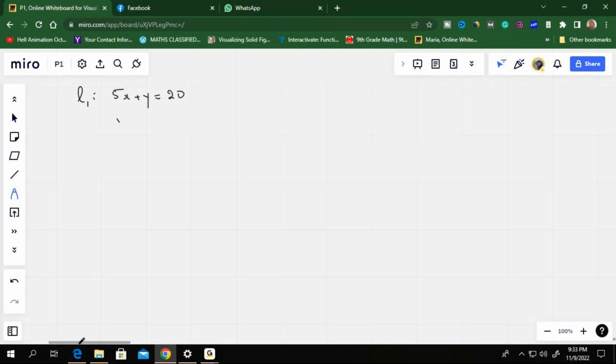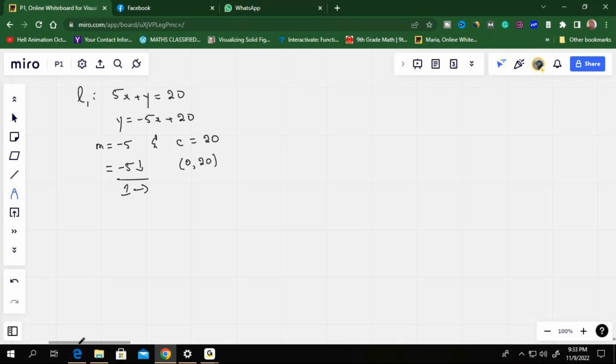If I write it in standard form, it tells me that my slope is -5 and my c is 20. 20 is quite far. I have to plot this point quite far on my y-axis. I need 20 readings for this, and then I shift this point 5 units down and 1 unit right in order to get the other point.